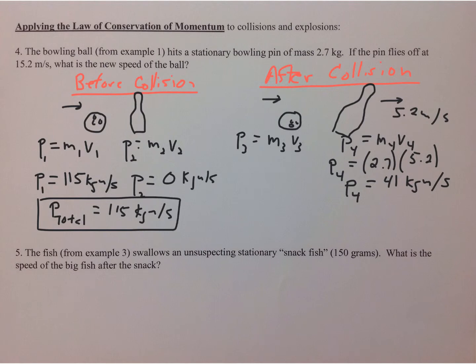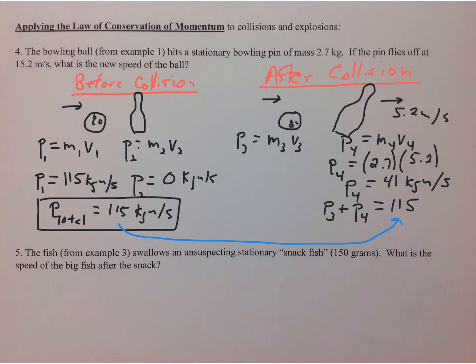Now, I do know that in this after part over here, P3 plus P4 must equal 115. Now, where did I get that 115 from? Well, from the before the collision. This part way over here, I'm bringing it over.